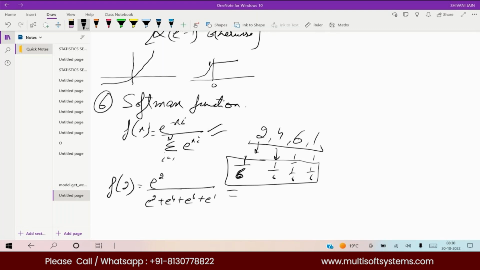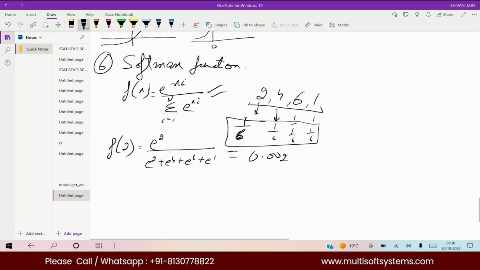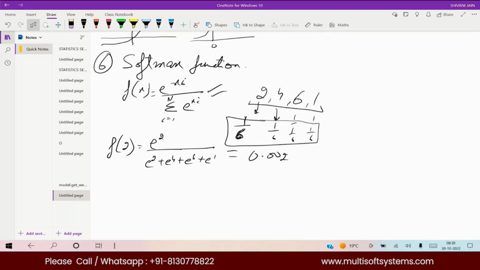When you calculate this, you will get some value, say 0.002. Then you calculate for 4: e raised to the power 4 divided by e raised to the power 2 plus e raised to the power 4 plus e raised to the power 6 plus e raised to the power 1.